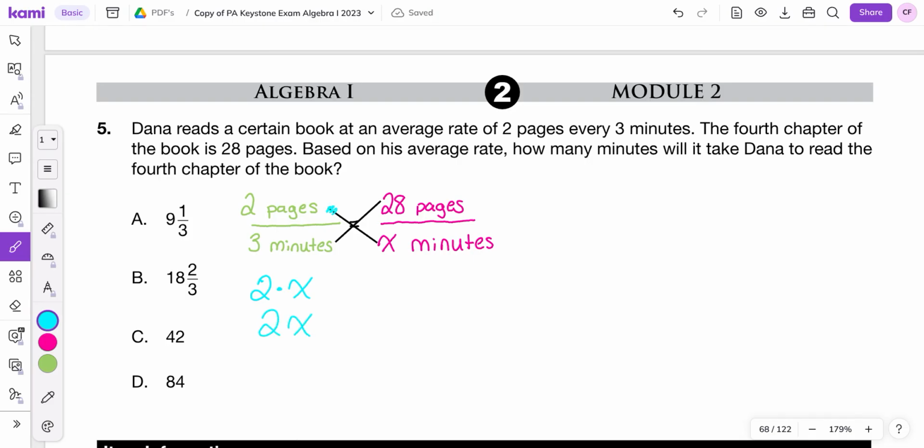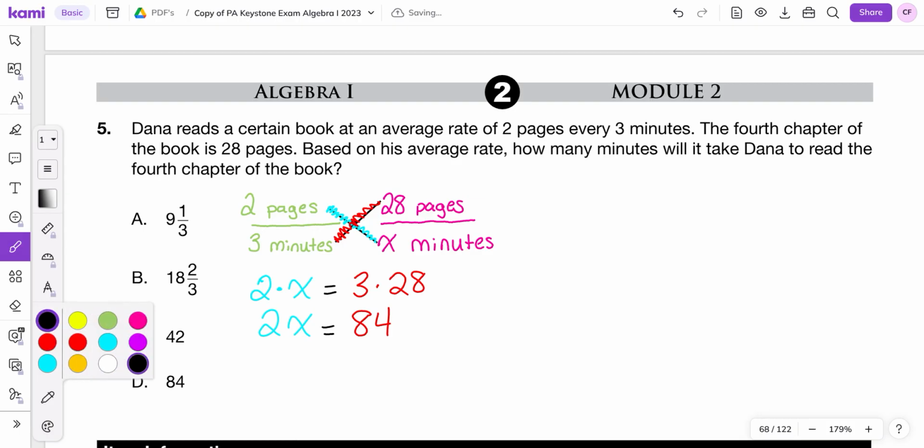Again, that is this part right here. And then the other side is going to be equal to this part of the cross product, 3 times 28. And 3 times 28 is going to give us 84.